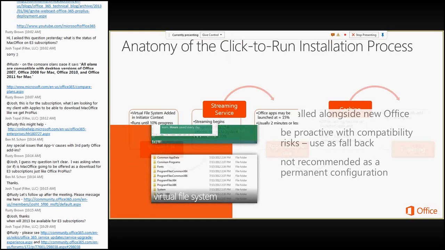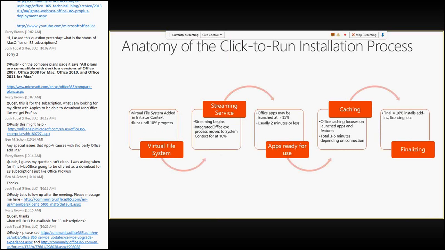So in terms of the anatomy of the click-to-run installation process, here are some of the things to be aware of. You saw the install in the first one. Virtual file system is basically loaded in the first 10% of the progress bar, or the process, the red pop-up that we just saw, that window.